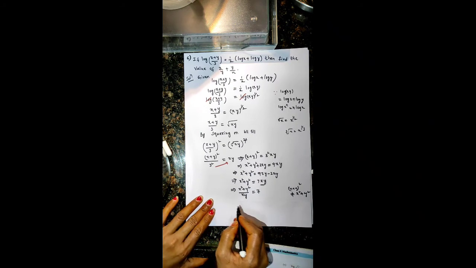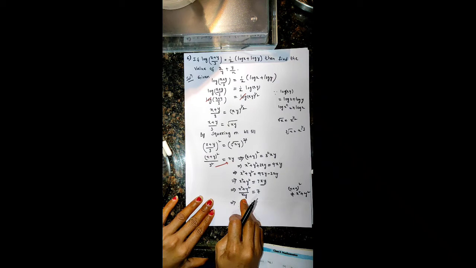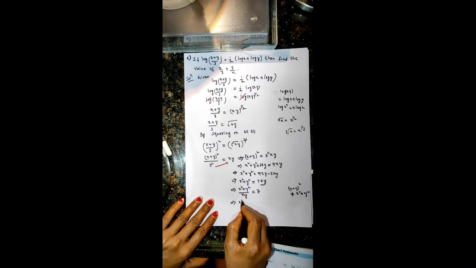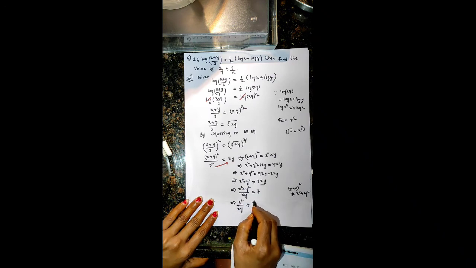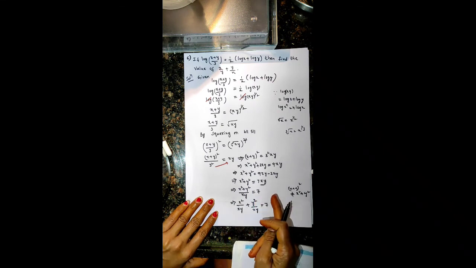So that implies (x square plus y square) by xy means x square by xy plus y square by xy equals 7.